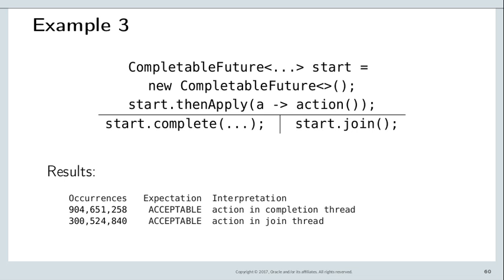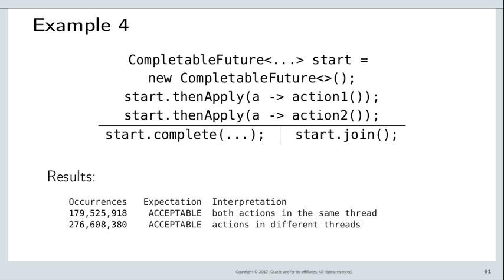Third example: one thread is doing complete and another thread is just joining, just blocking and waiting for results. And again, it's a racy situation, and my action could be executed from the completion thread as well as from the join thread.